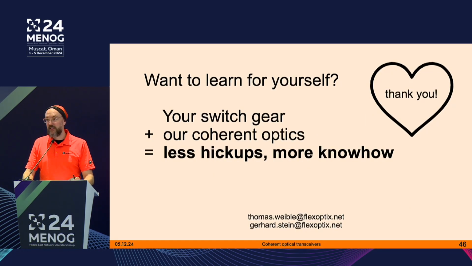This brings me to the end. We did a couple of tests in different equipment. As you can see, we did this in Nokia. We already got feedback from our customers doing this in Juniper and Arista. It looks pretty much the same.